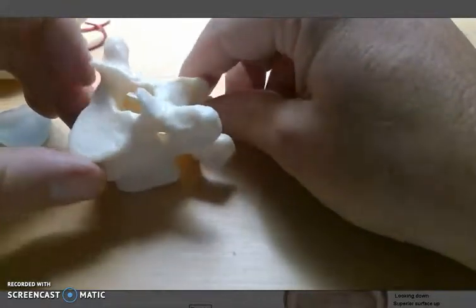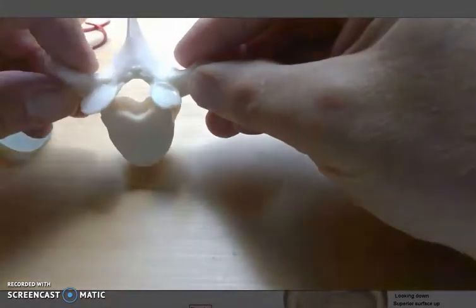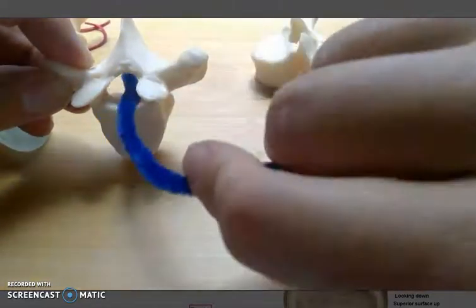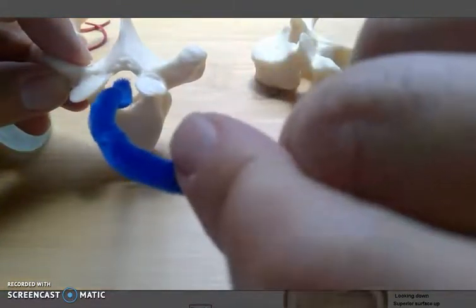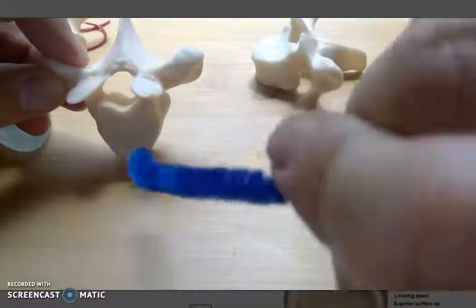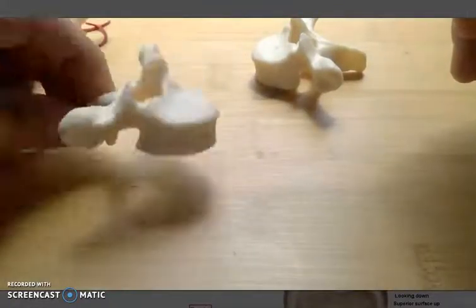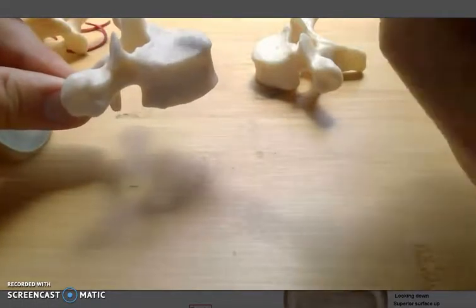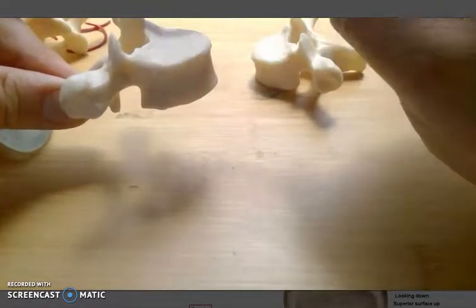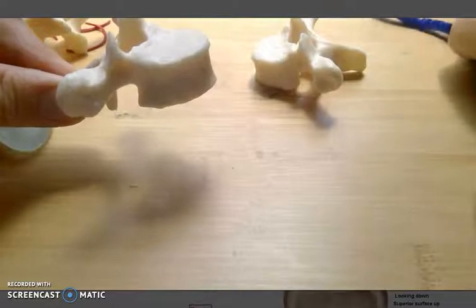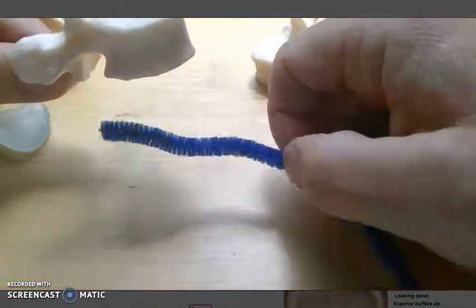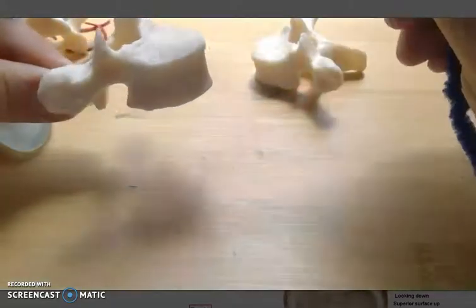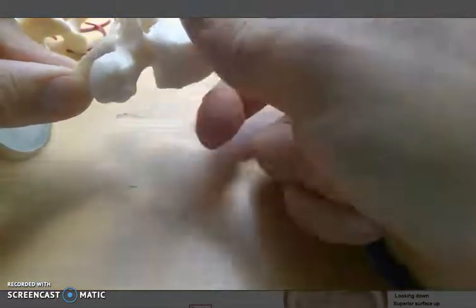So then if I look from the superior, I have another hole. This hole is the vertebral foramen because the spinal column goes here. So our landmarks. Here is our typical vertebra. His name is Bob. Body, superior articulating process because it's on the top. Inferior articulating process, which is on the bottom. We have our transverse process there.